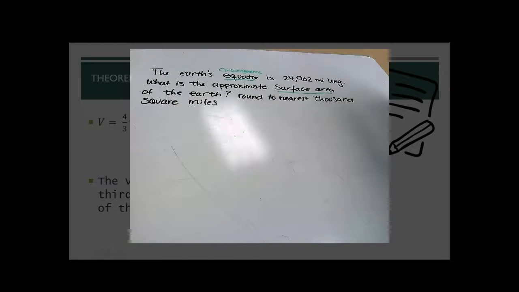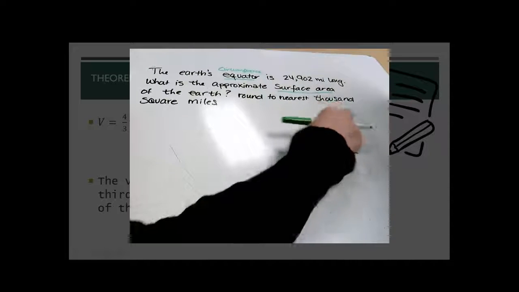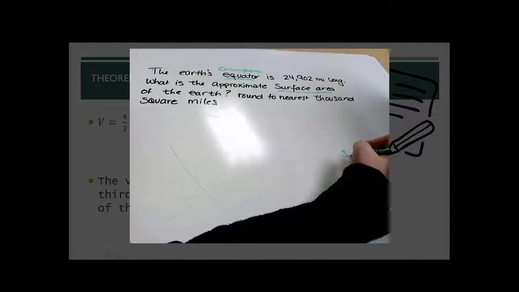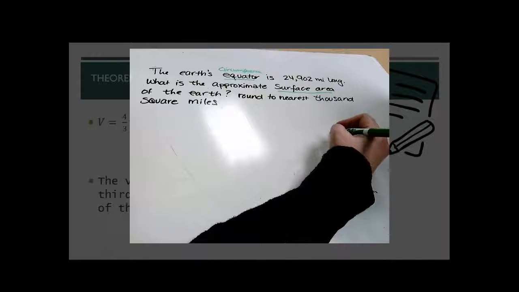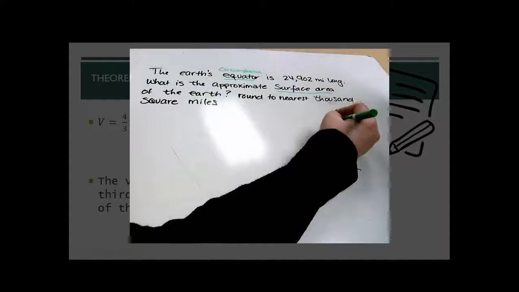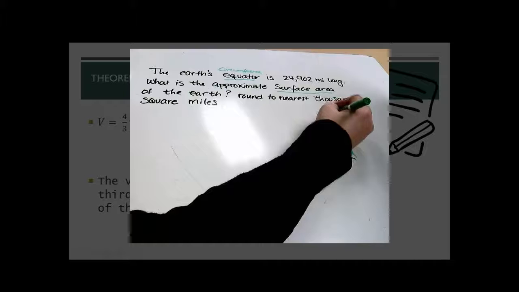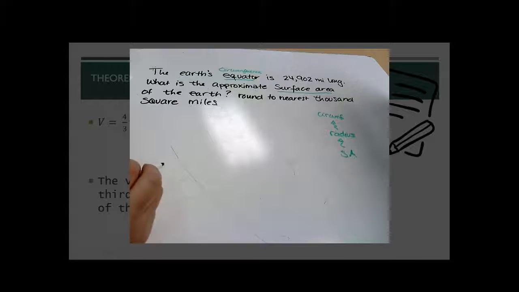So when we're thinking about a plan here, we need to go from backward planning, if you will. We need to end with surface area. And in order to get surface area, we have to have a radius. So that means that we'll have to use our circumference to find the radius.